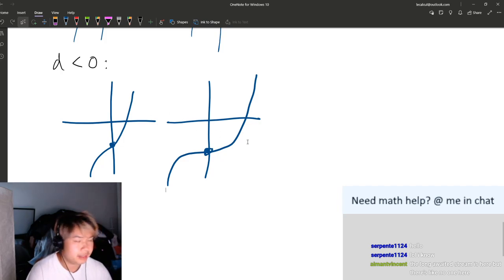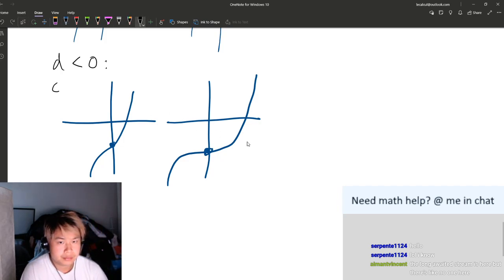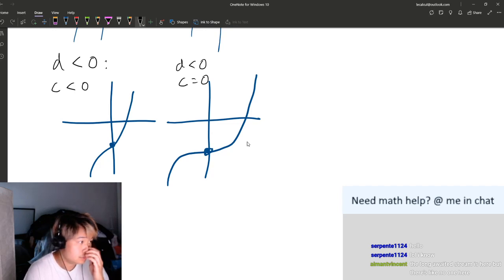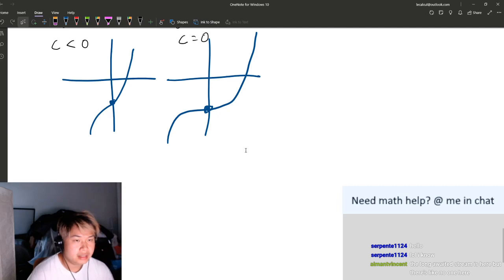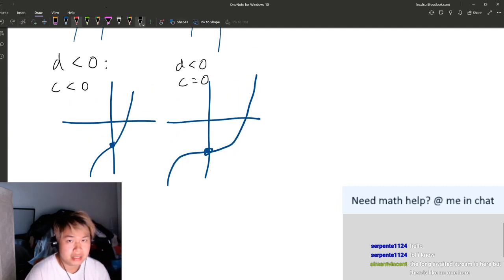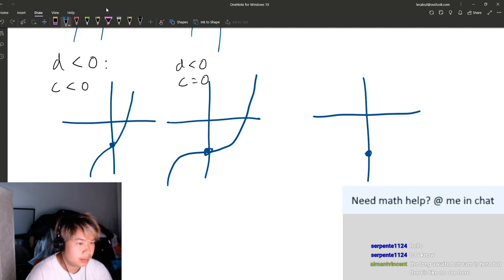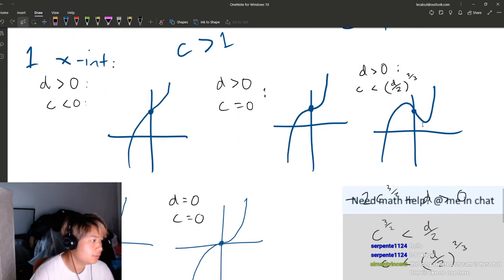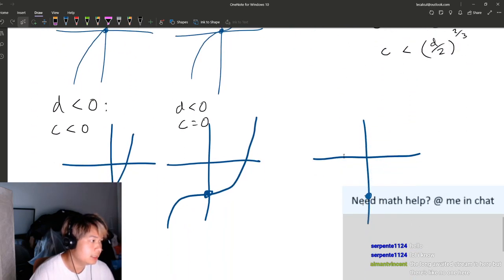Both of these, you have one x-intercept. And then you need to think about the other situation where you have a maximum and minimum. So this is kind of the opposite situation as this one. Instead of having the minimum be positive, we need the requirement that the maximum needs to be negative.